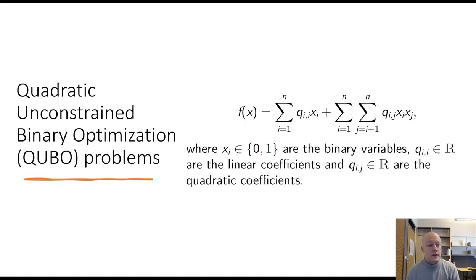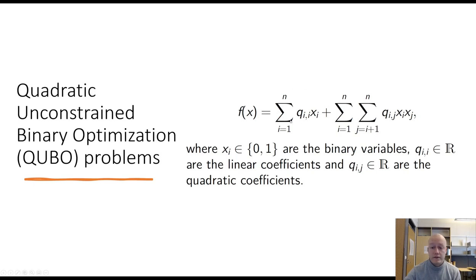So what is a quadratic unconstrained binary optimization, QUBO, model? In this case, we have an objective function, and our goal is to find a configuration for these variables so that we find the minimum of this objective function. This objective function has a very specific type. It contains two types of terms: linear terms and quadratic terms.